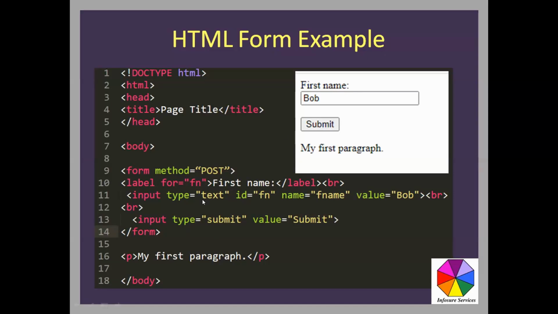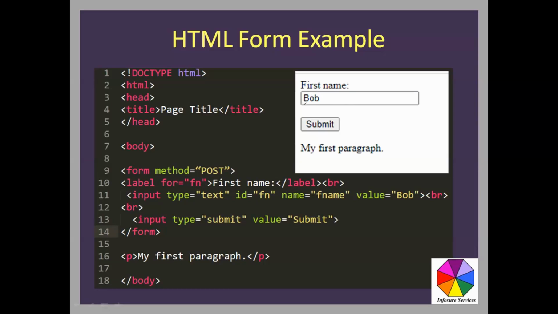Whenever you have a text box whose ID is fn, an identifier, immediately preceding that input you could have a label for fn, first name colon, and the label close and a break row. So what it does is it writes this label, and it is immediately on top of this text box.